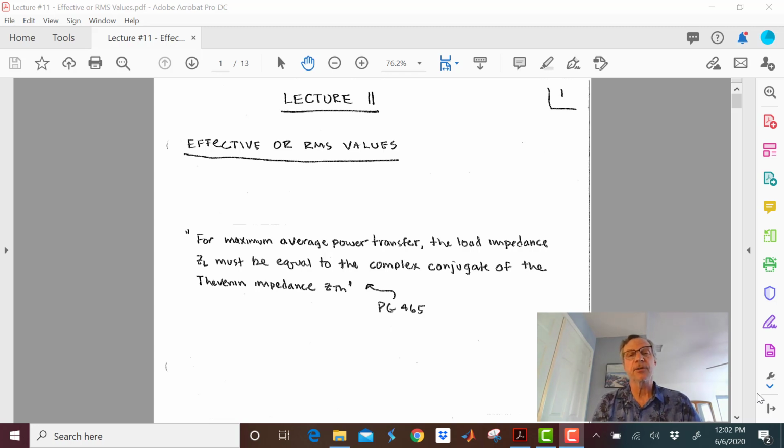And from there, what you'll see is the 0.707 and the 1 over root 2 relates to the special case of when we're working with sinusoidal values. So any waveform has an RMS value, but for sine waves, that's where those constants come in.